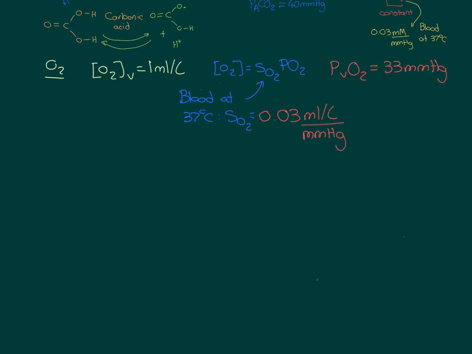I now want to talk about the fact that this is not the only form of oxygen that is in the blood. Of course, most of the oxygen within this venous blood is not going to just be dissolved within the water. Instead, it's going to be bound to hemoglobin molecules. So that's where we now need to go. We need to discuss hemoglobin.